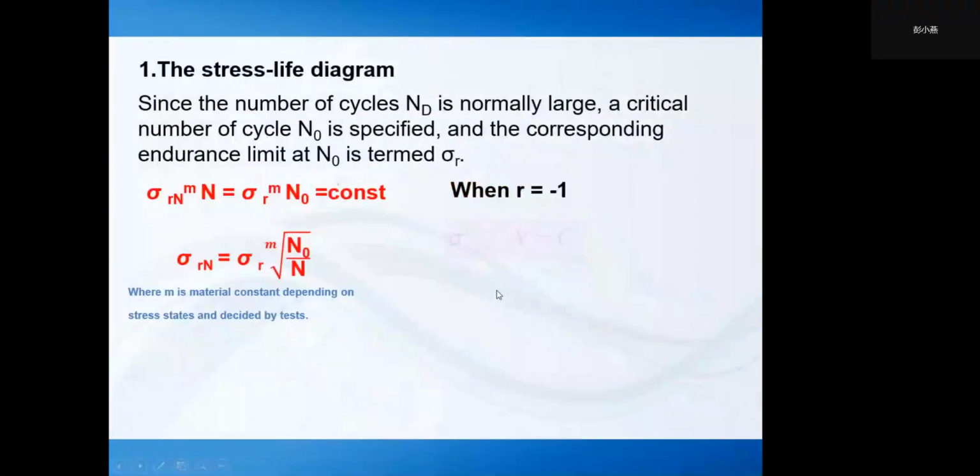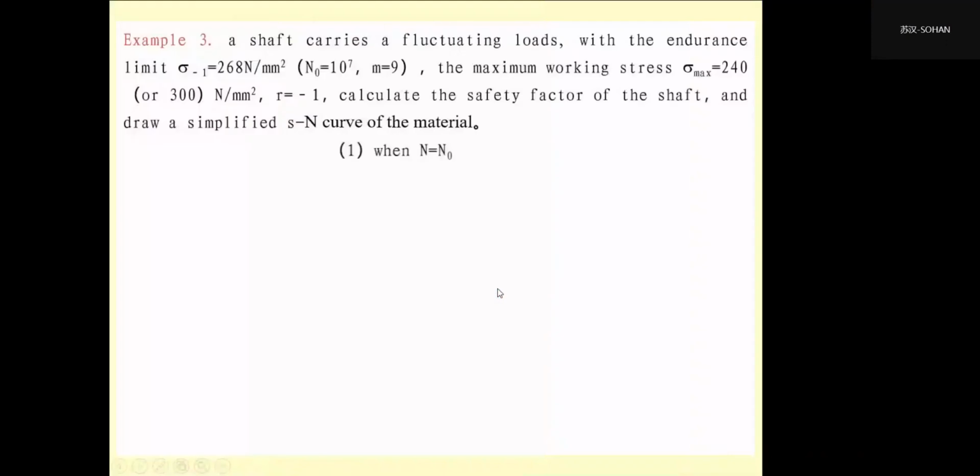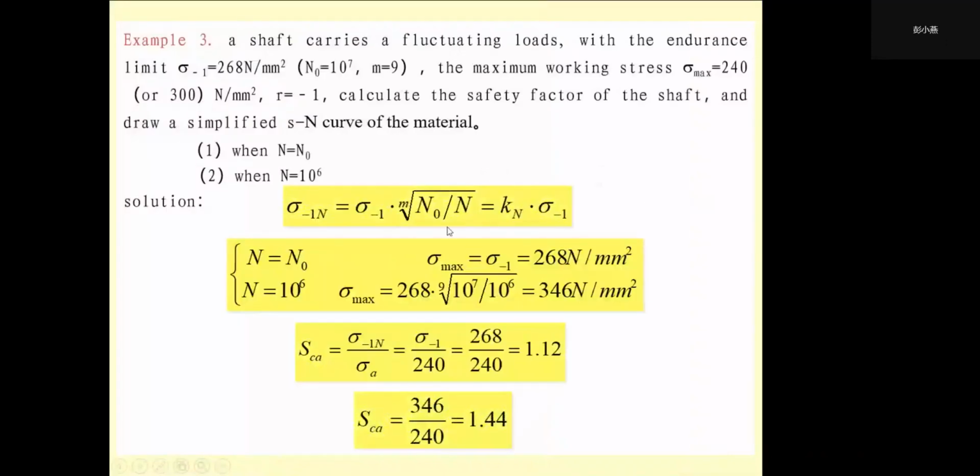From this we know this is the sigma minus 1. If the number is n0, this is the fatigue stress sigma minus 1 n0. And if the cyclic number is the 6th power of 10, sigma minus 1n is this, it's different. It changes with the cyclic number, okay?